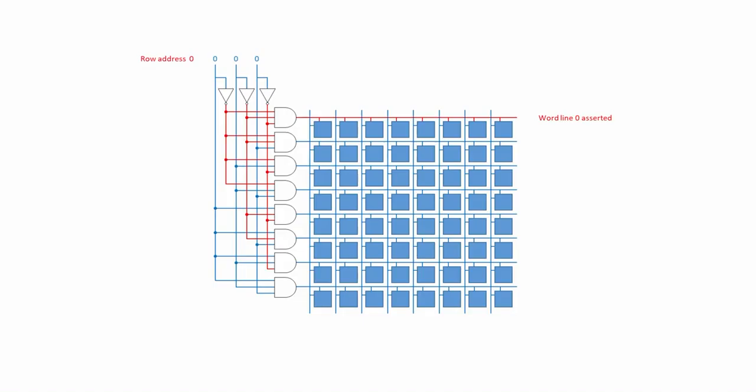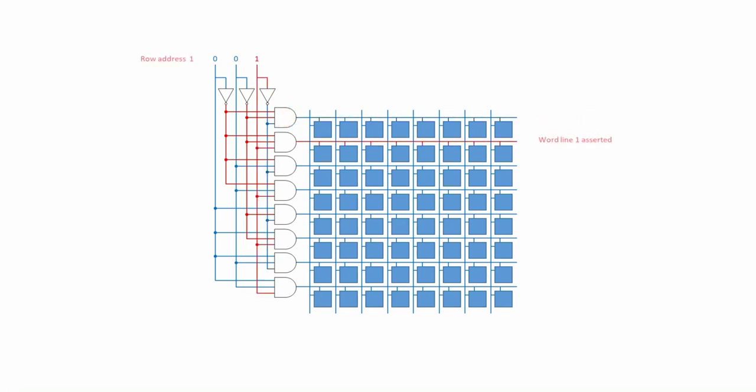In other words, only the top word line, let's call it word line 0, is asserted. Notice how each of the decoder's inputs is split into two. Then one of each pair is passed through a NOT gate. So the output voltage of each NOT gate is high. Only the top AND gate is connected to the three lines which are high. So only the top AND gate has an output which is high.